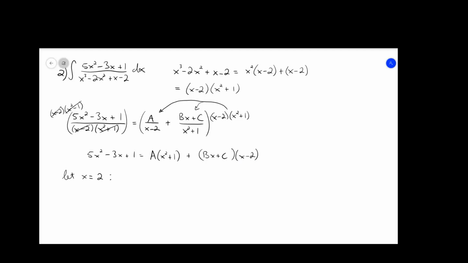Well, you have to do that on both sides. So if I plug in 2 in the first term there, I get 2 squared is 4 times 5 is 20, and then minus 6. 20 minus 6 is 14 plus 1 is 15. So I get 15 on the left side. If I plug in 2 on the second term, 2 squared is 4 plus 1 is 5, so I get 5a there.